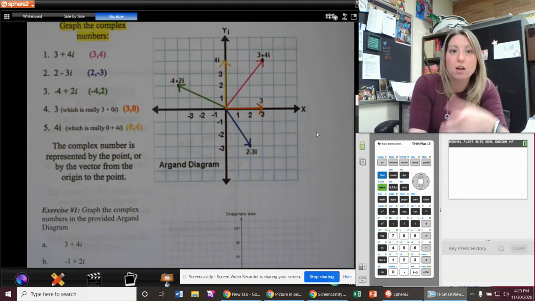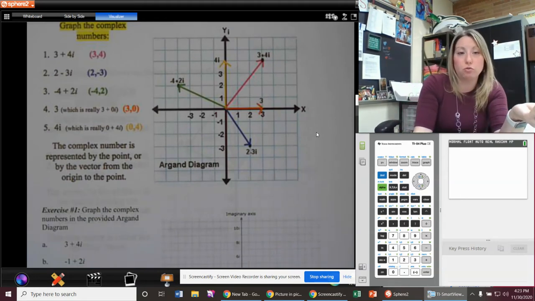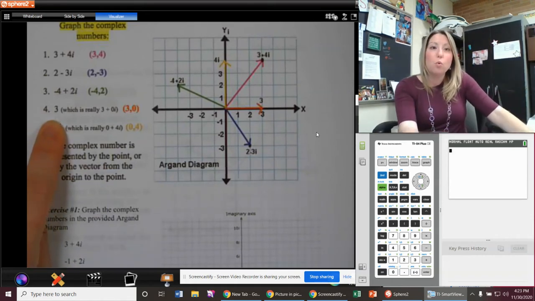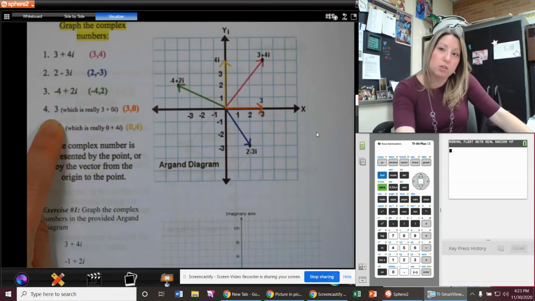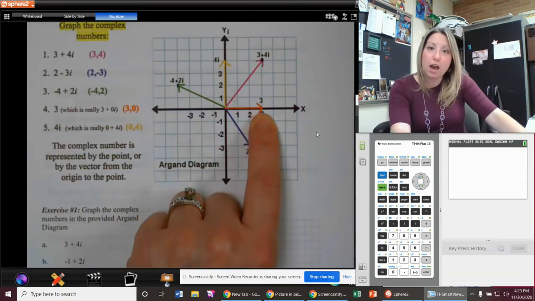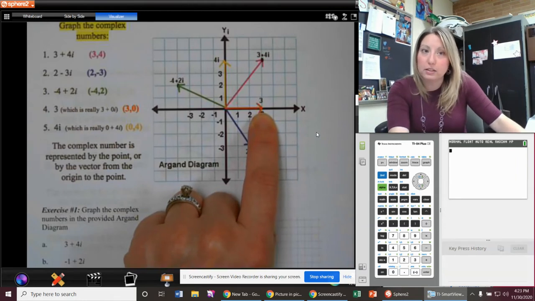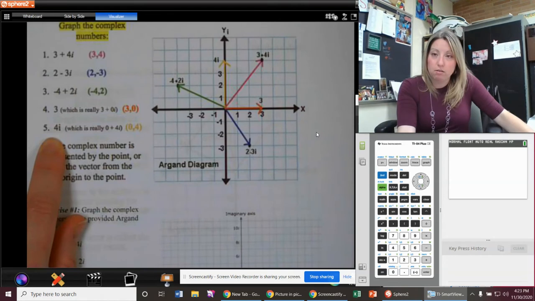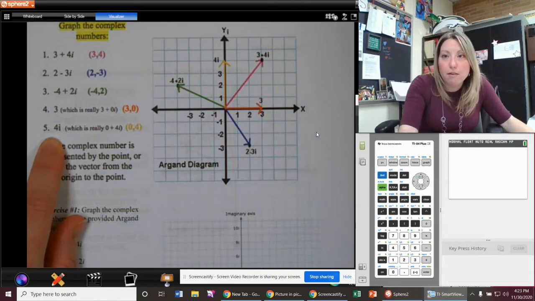Now, what if you're just graphing the number 3 in an Argand diagram? Well, that's really 3 plus 0i, no I value, which means it's just a point on the x-axis, the real number axis. Let's say you're graphing just an imaginary unit, 4i. That's really the same as graphing 0, 4.